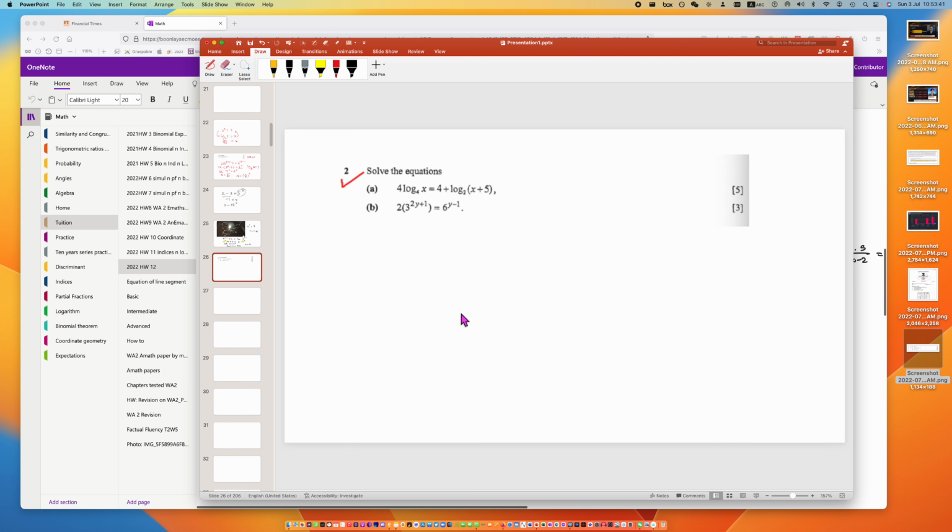How do you change the log 4 x term to log 2 something? For logarithm or indices, you have to know the rules well. If not, you can't do it. Not that you remember them, but that you remember where to find them.